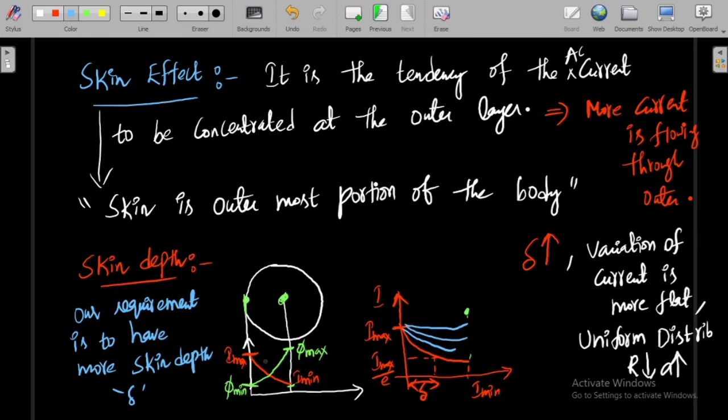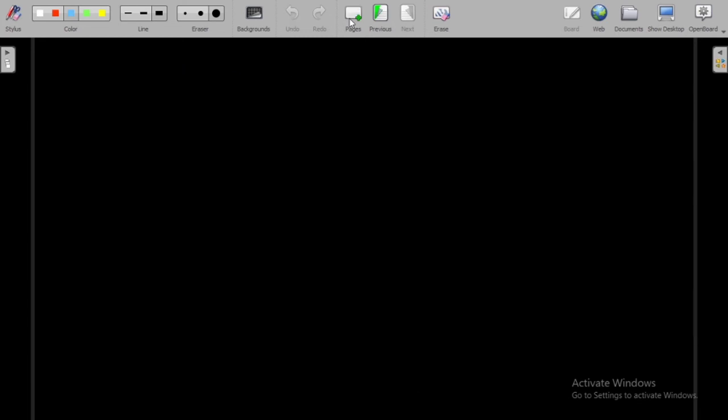Otherwise, you need to consider only the area up to this portion. Automatically, the resistance reduces. So the desired feature of a conductor is that it must have more skin depth.